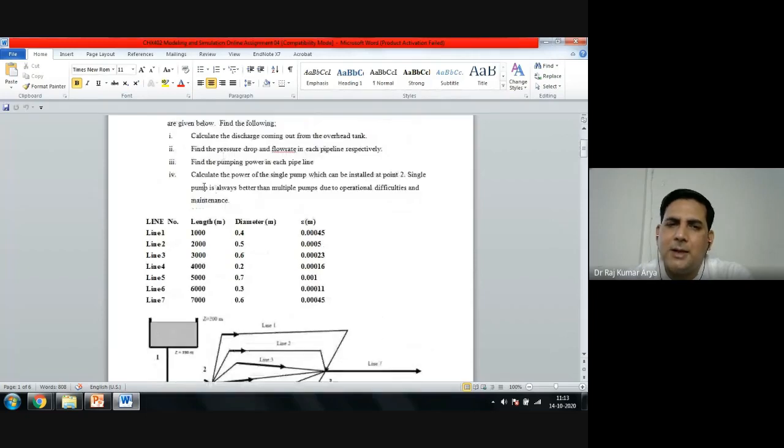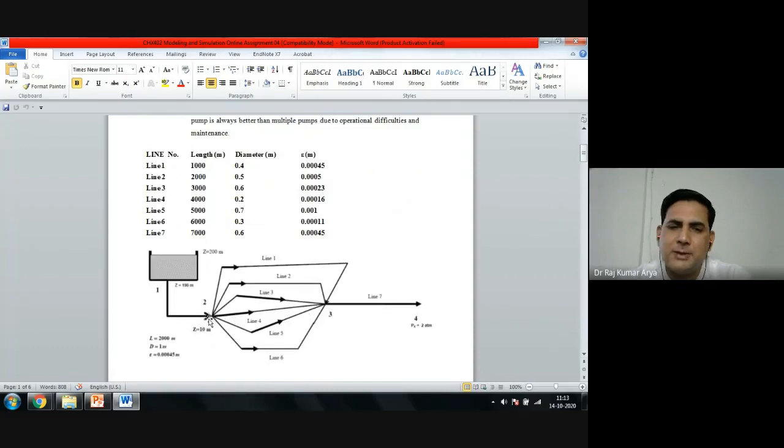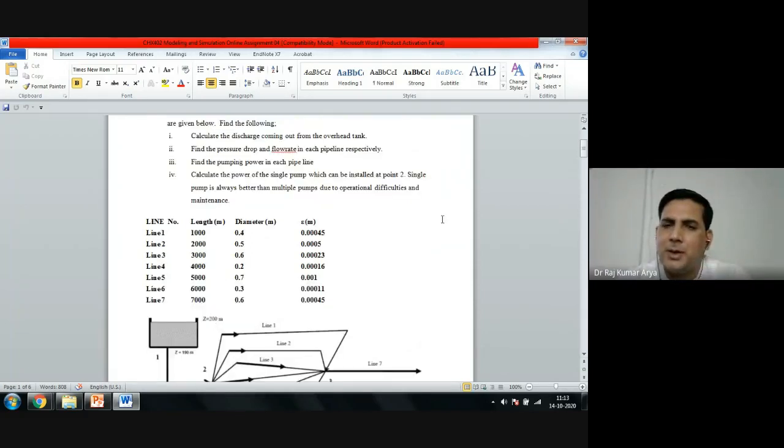After that, calculate the power of a single pump. If you want just one pump, rather than putting so many pumps in each pipeline, a single pump which can be installed at point 2, compensating all the losses, what should be the power?